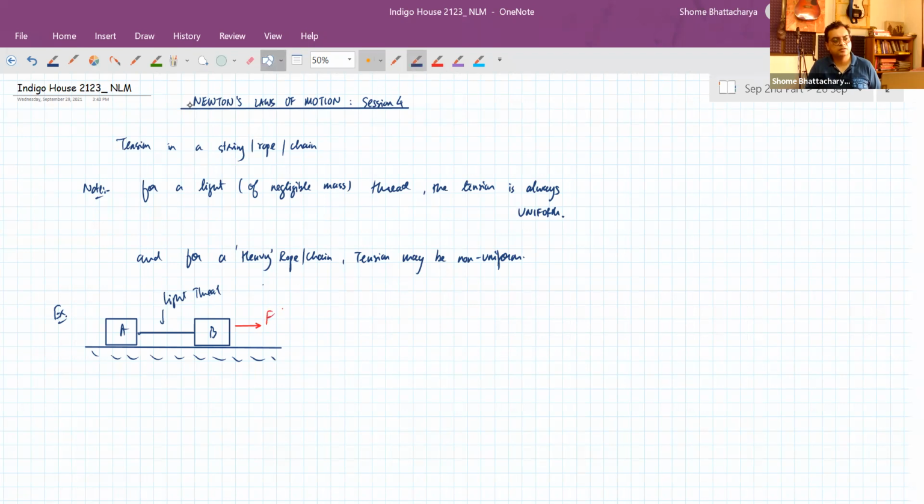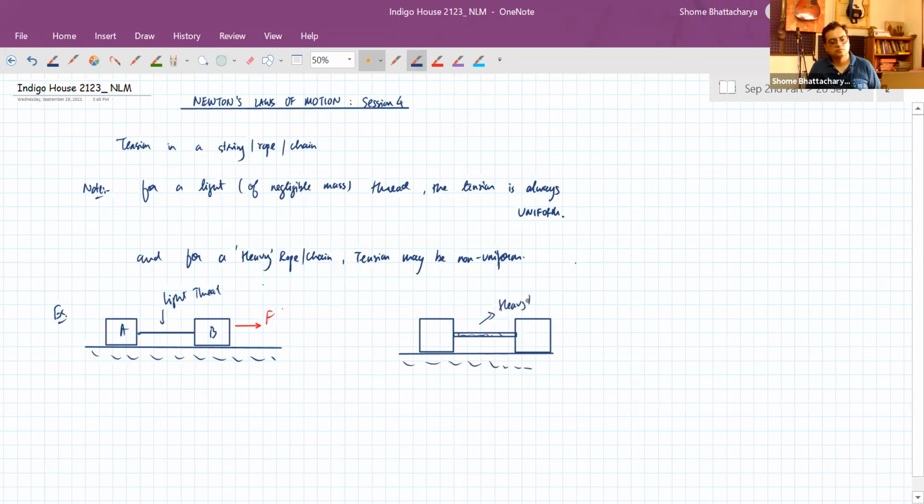On the other hand, we have another case where the rest of the things are the same, but there is a heavy rope in between the two blocks. Let's say the heavy rope has mass M. Again, this system is also being pulled from this side with a force F, and of course this is also a frictionless surface all the way.